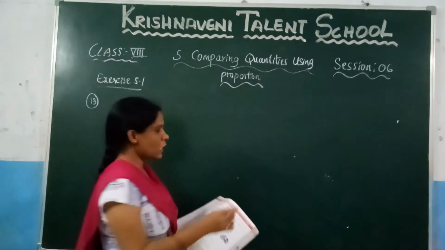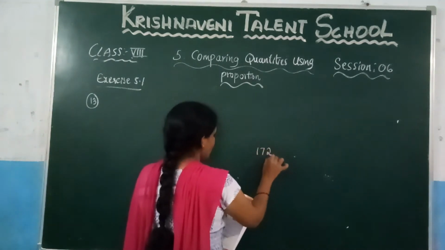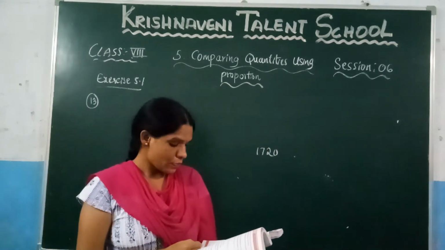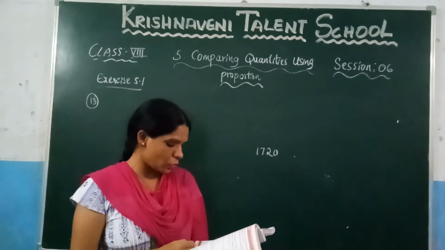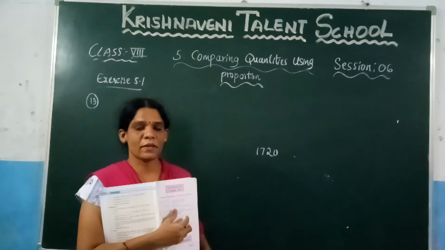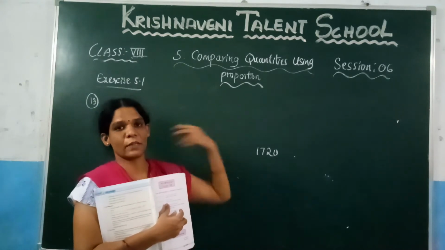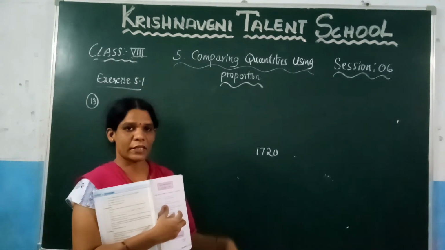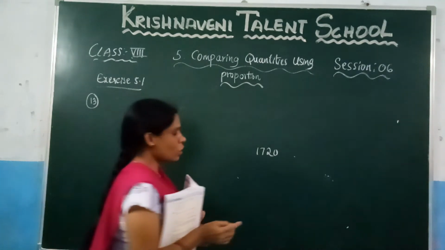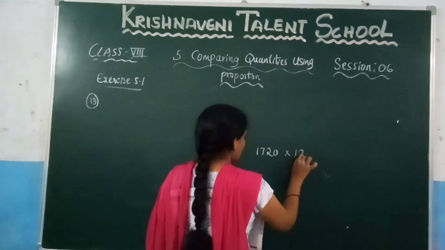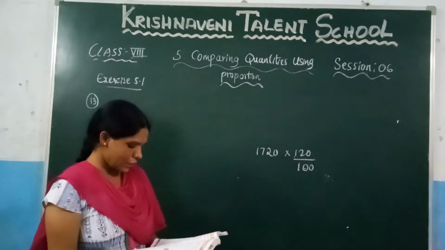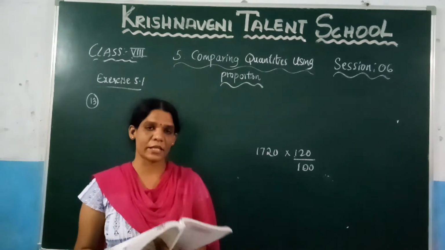In the last year, how many bags yielded? 1720 bags. And this year, she expects her crop to be 20% more. That means this year she will get 20% more crop. That means 20% more means you need to take it here 100 plus 20. So what should you will get here? 120 by 100, right?